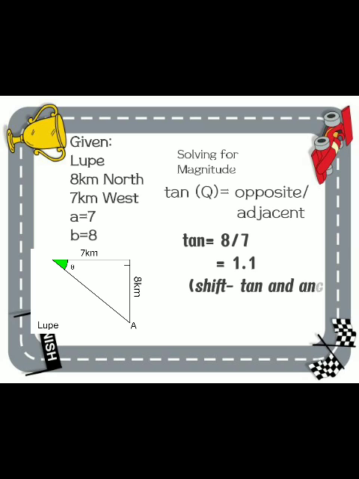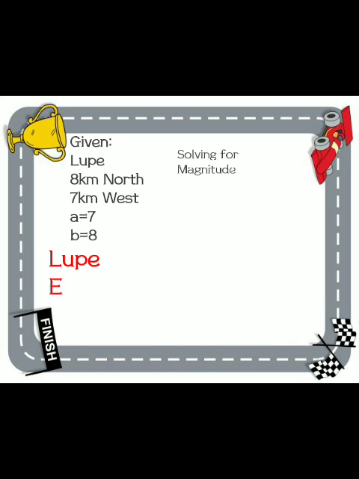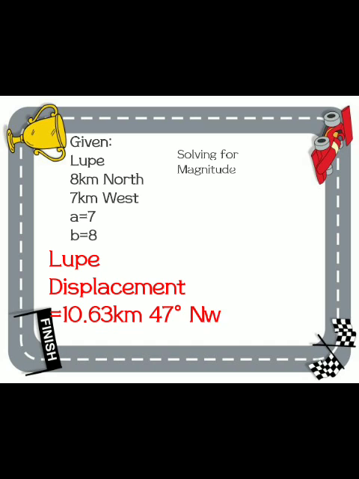To look for the angle, press on the calculator shift, tangent, and the answer, 1.1, and take the first two digits of the result as the degrees. Since we are done solving for the resultant vector and angle traveled by Lupe, the total displacement of Lupe is 10.63 km at 47 degrees northwest.